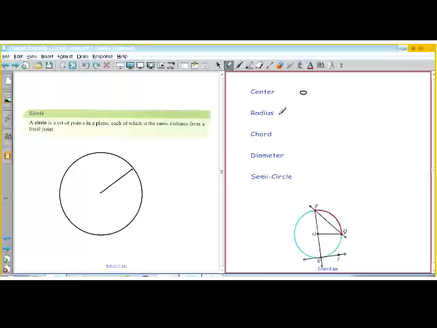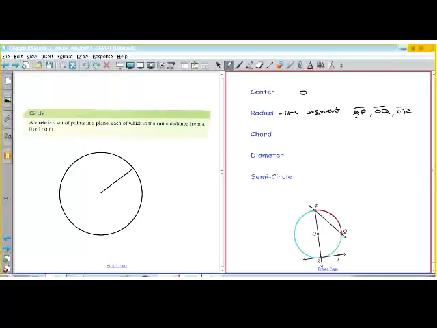But the radius is actually a line segment, and there's more than one. The radius is the line segment from the center to a point on the circle. So I could represent the line segment as OP, with a line over top of it to show it's a line segment. Also, OQ would be a radius.